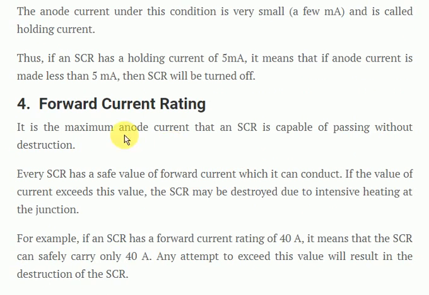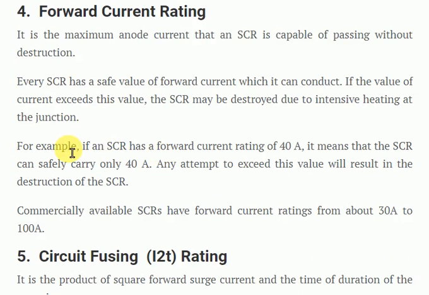Forward current rating. It is the maximum anode current that an SCR is capable of passing without destruction.